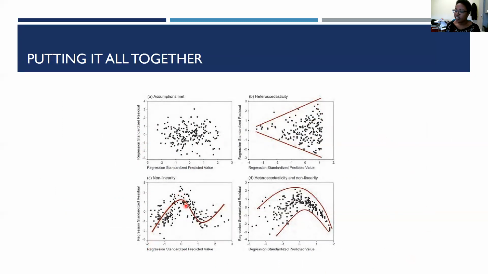Here, we can see that non-linearity, where residuals are forming some curves. And here, not only do we have non-linearity, we also have that spread being smaller on this end of the curve compared to that other end of the curve. So here's an example of how you can have multiple issues just in one residual plot.